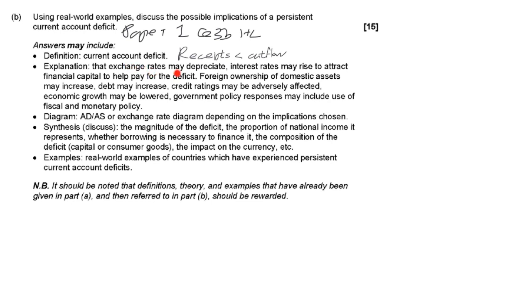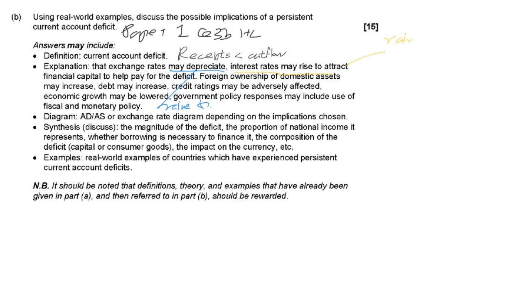So what are the possible implications? There are a lot of implications, like the exchange rate may depreciate, or the interest rate may rise to attract financial capital to pay for the deficit. Now you have to be very careful. For the first one, depreciation means the value drops. But on the other hand, the interest rate may rise is another implication.